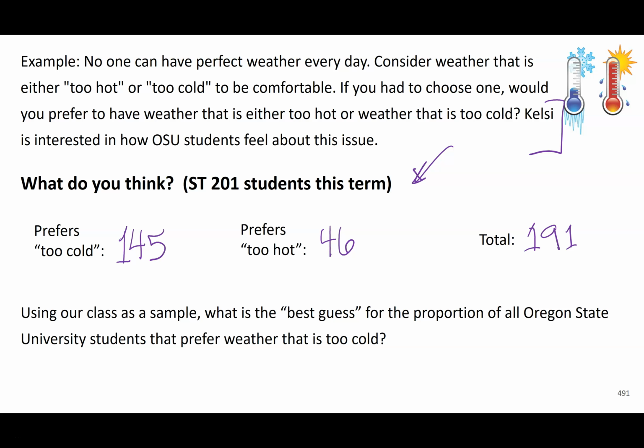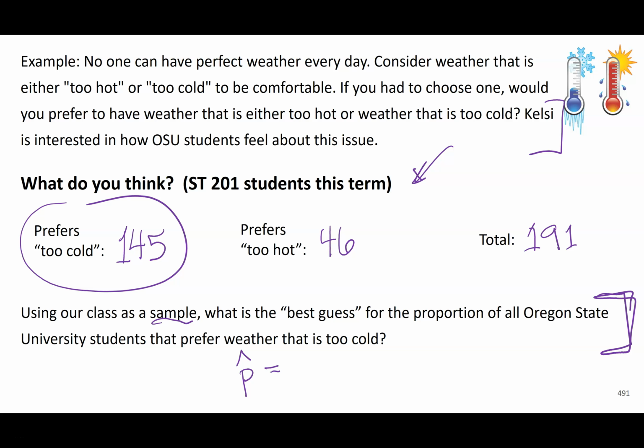So looking here, using our class as a sample, if I want to have a guess for the proportion of all OSU students that prefer weather that's too cold, I'm going to focus on the too cold. This is my success, right? So if I'm looking at my sample, right away I know I'm talking about a p hat.